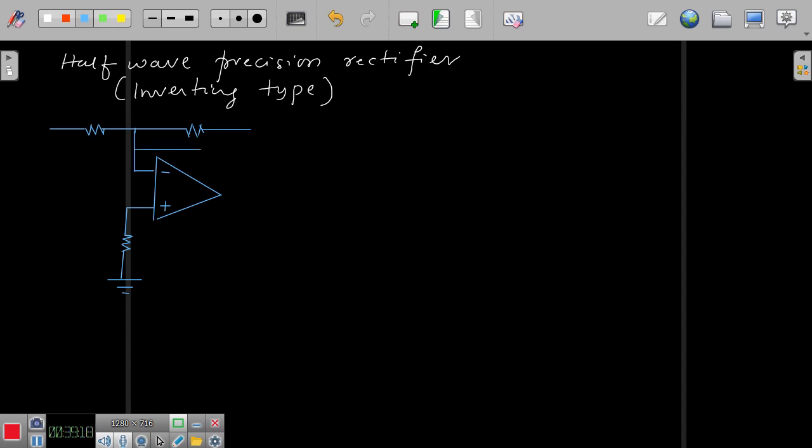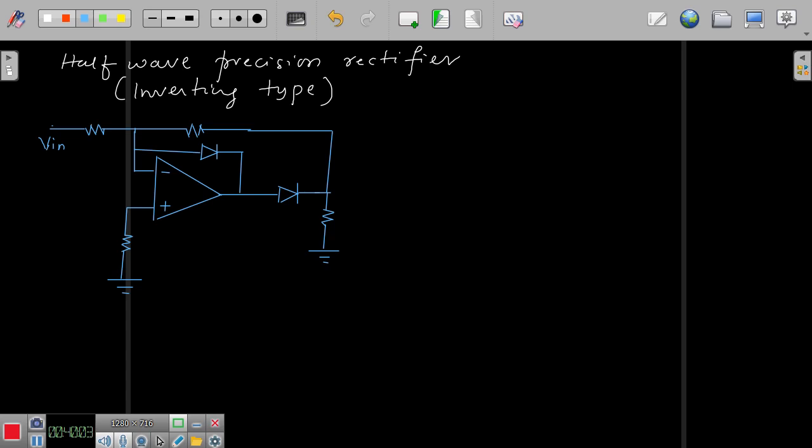Now here I will have one diode, this I am connecting here, followed by that I have one more diode, and of course here I have one load resistance, so this is my V in.